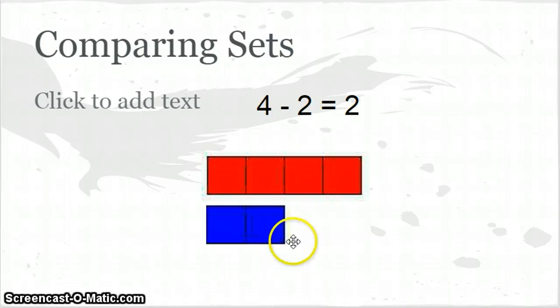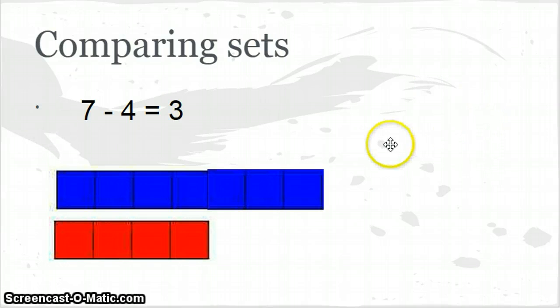That's how many more cubes are in my red train than my blue train. So we just looked at this visually with our eyes, how to compare it, and with our subtraction sentence. Let's try one more before you're ready to practice on your own. So we'll do the same thing. We want to look visually and then go to our subtraction sentence to help us determine how many more blue cubes than red cubes we have.